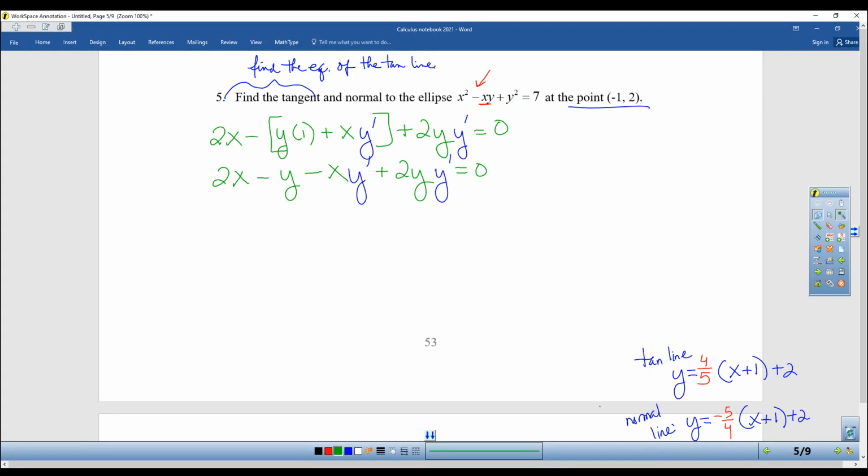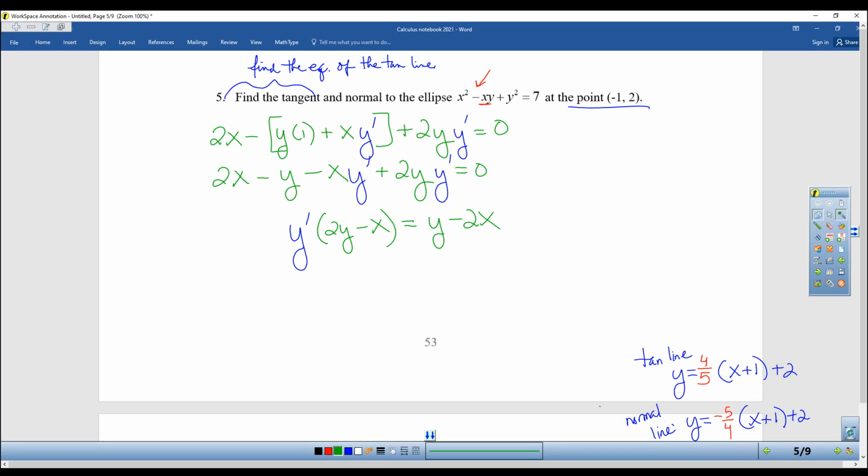My y primes are already on the same side, so I'm going to factor out the y prime. And I hope I'm not going to throw anybody off here. I'm going to reverse the 2y and the x because I just think it's a nicer way to look. And in the same step, I'm going to move the 2x and the negative y to the other side.